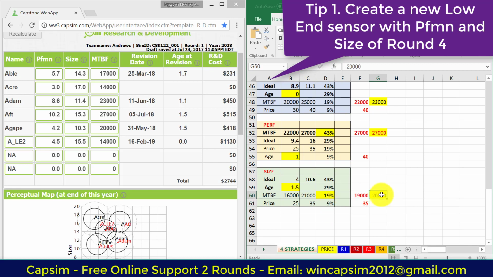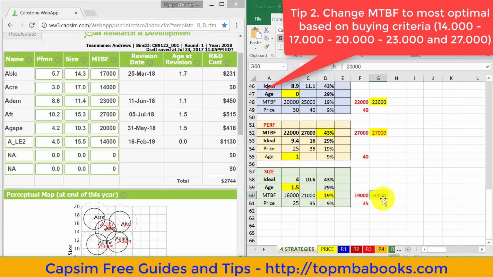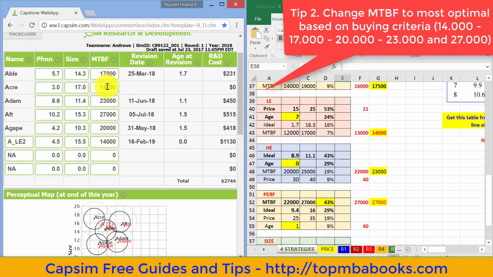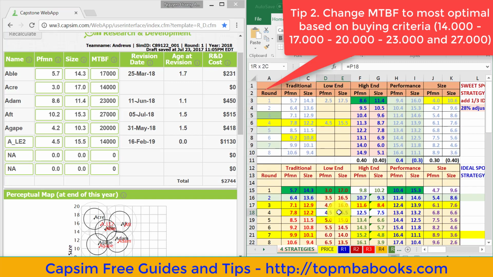We set 14,000 for low end products, 17,000 for traditional, 20,000 for size only, and then 23,000 for high end product. Only for performance, we increase that to 27,000. So that's quite logical. We increase the mean time before failure by about 3,000 for each segment.